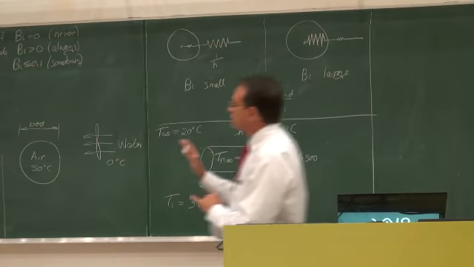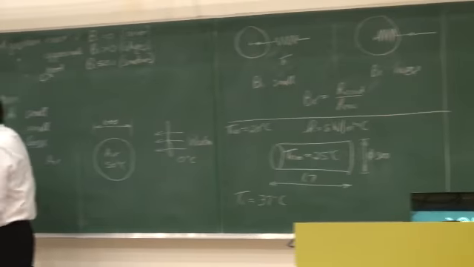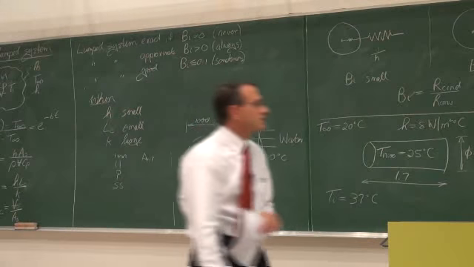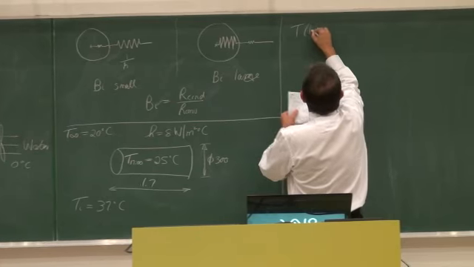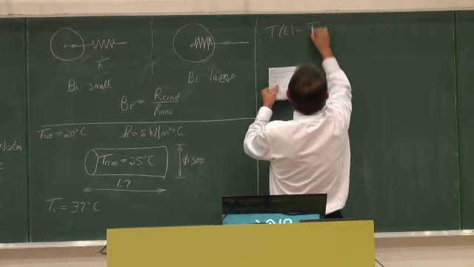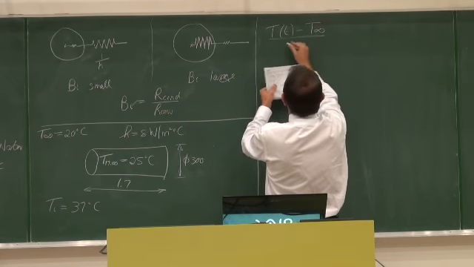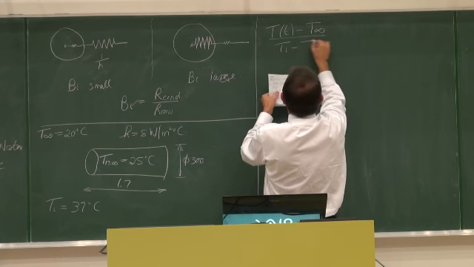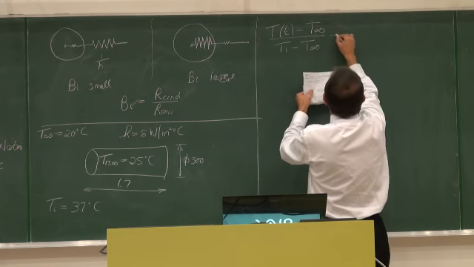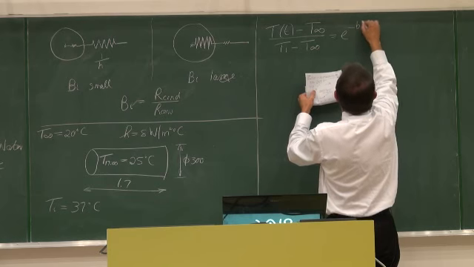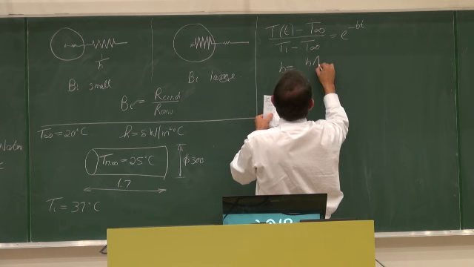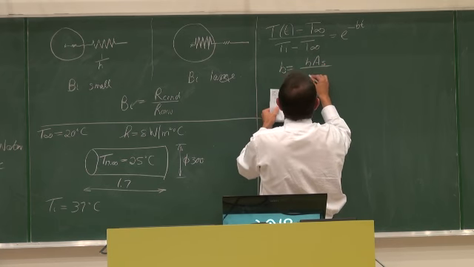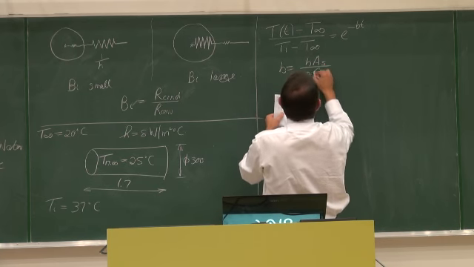Okay, so in terms of the lumped system approach, we know that we can describe this problem with this equation. The temperature minus T infinity divided by the initial temperature minus T infinity is equal to e to the minus bt, where b is equal to the heat transfer coefficient multiplied by the surface area divided by rho, the volume, Cp.